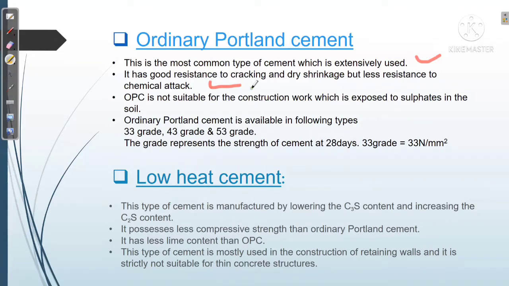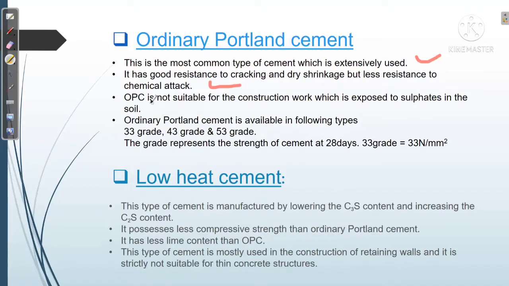Okay, the property which is important, because of which we are going to use it most frequently, is that it has a good resistance to cracking, dry shrinkage, but less resistance to chemical attacks. So chemical attack resistance is quite low, but it has good resistance against cracking.